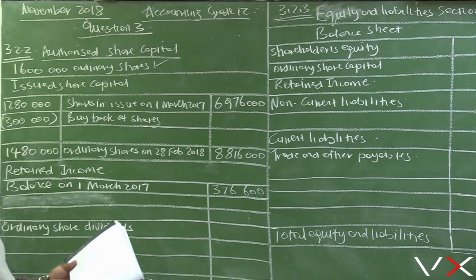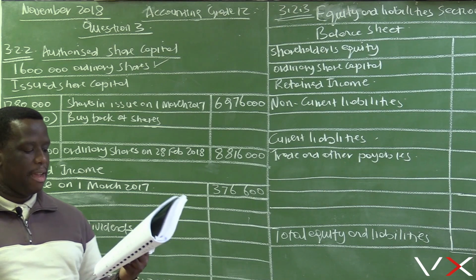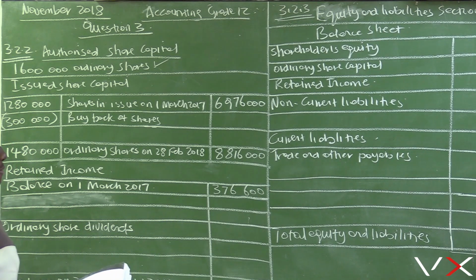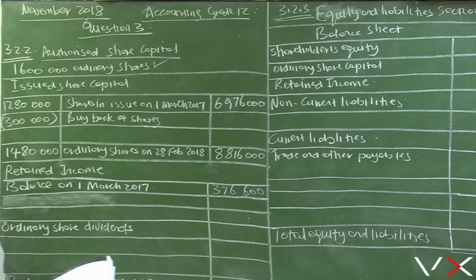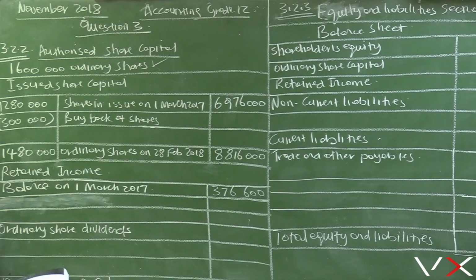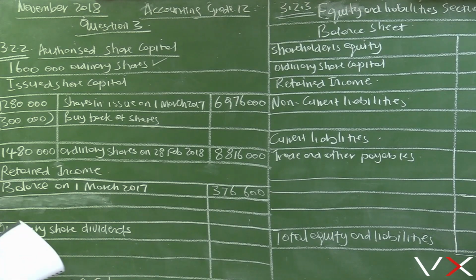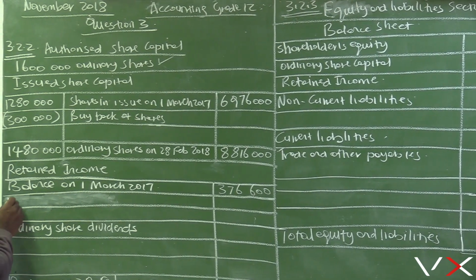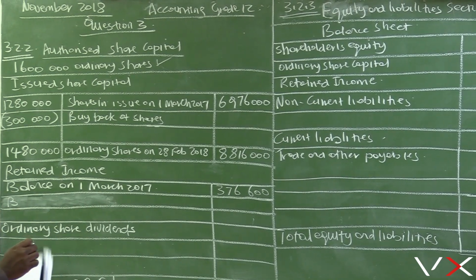We are told that these shares were repurchased at 465,000 above the average. Now, the above average issue price is not recorded in the issued share capital note, but in the retained income. So that is where we are going to record this 465,000.